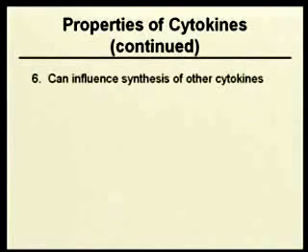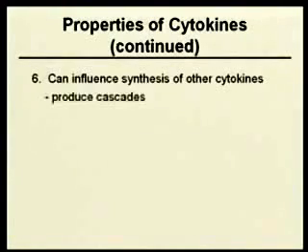Another important point here is that the production of one cytokine can influence the production of another cytokine. So if you have, for example, production of IL-2, that particular cytokine may then bind to a particular cell, activate that cell, and that cell will then produce another cytokine. And this leads to a production of a cytokine cascade.